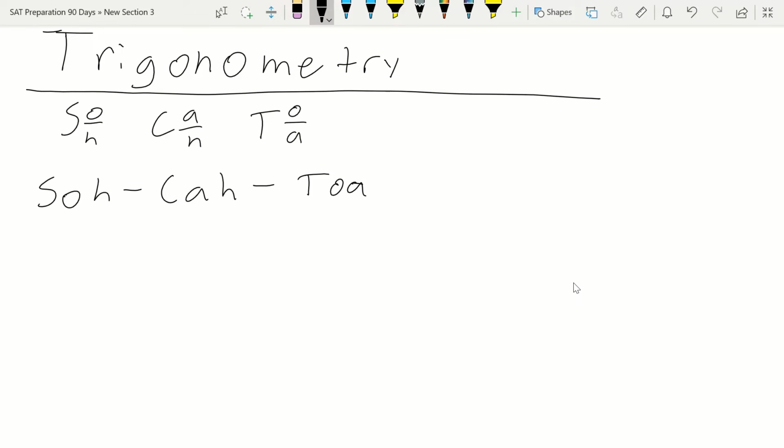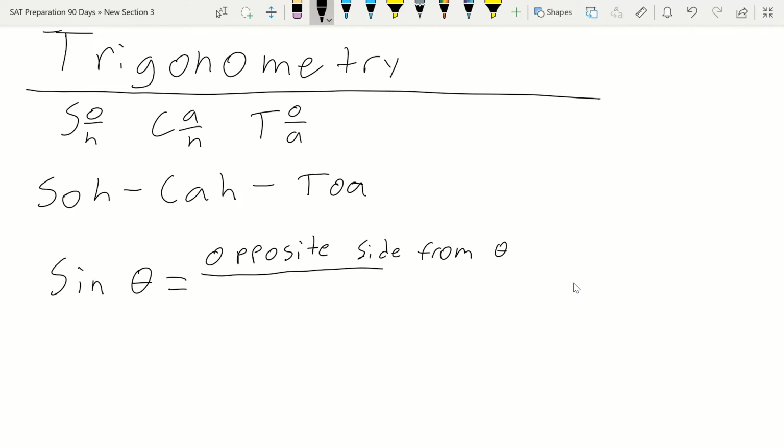So that's just how you remember it. So what it means is that you have your sine of an angle is equal to your opposite side. Keep in mind that this is in a triangle. Right, so your opposite side from angle theta, all over your hypotenuse.